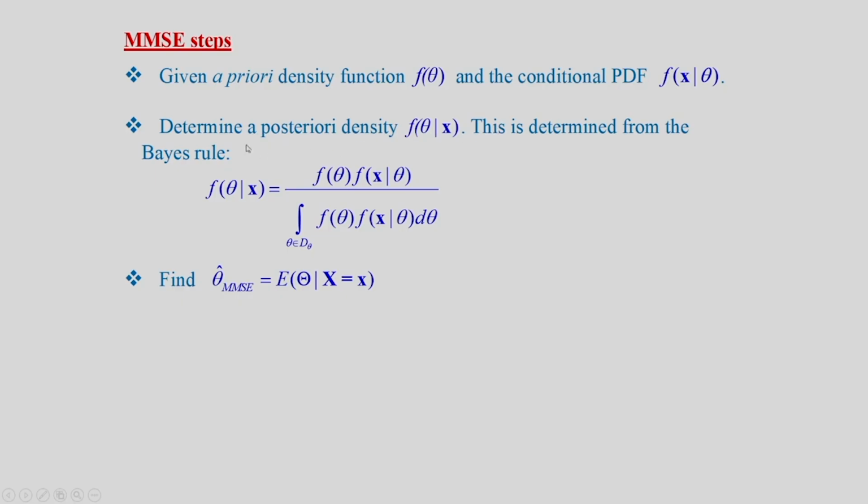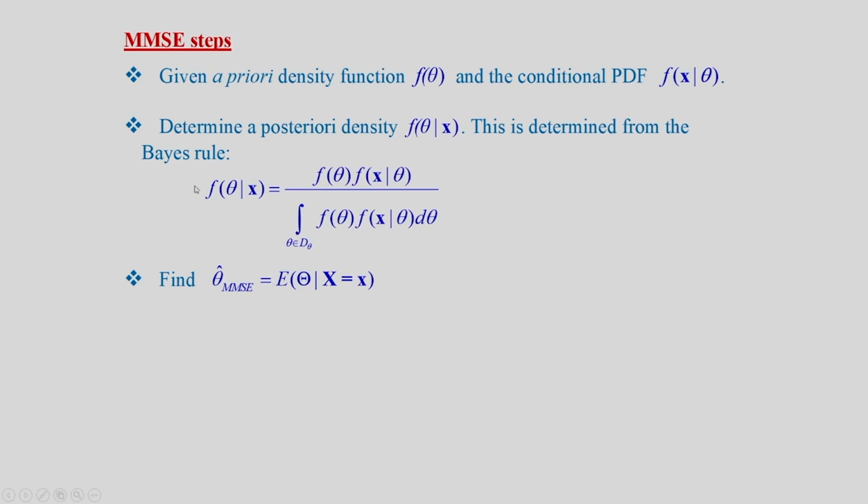This is determined using the Bayes rule: f of theta given x is equal to f of theta, the prior PDF, into f of x given theta, the likelihood function, divided by the integral over theta belonging to D theta, where D theta is the support of f of theta, of f of theta into f of x given theta d theta. This integral is the expression for f of x, the marginal density of x.